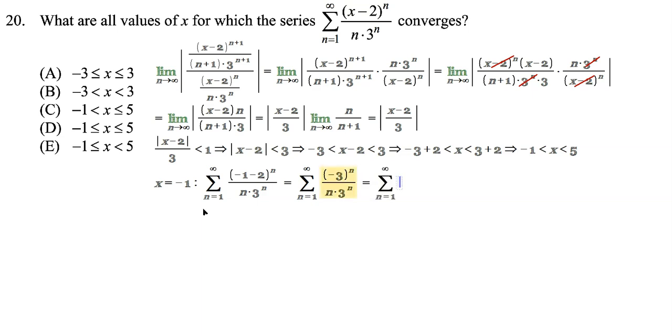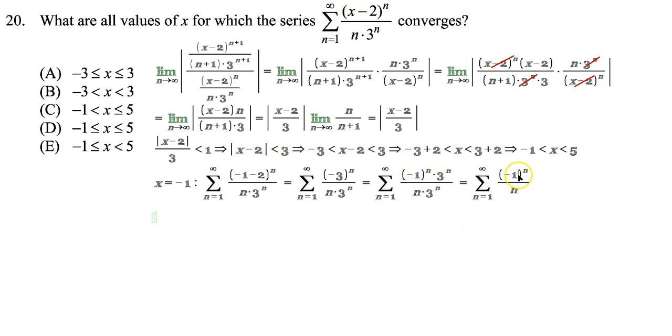Next, separate off a negative 1 to the n and then 3 to the n, over n times 3 to the n. Notice that the 3 to the n parts will cancel off. So it's the summation as n goes from 1 to positive infinity of negative 1 raised to the n over n.